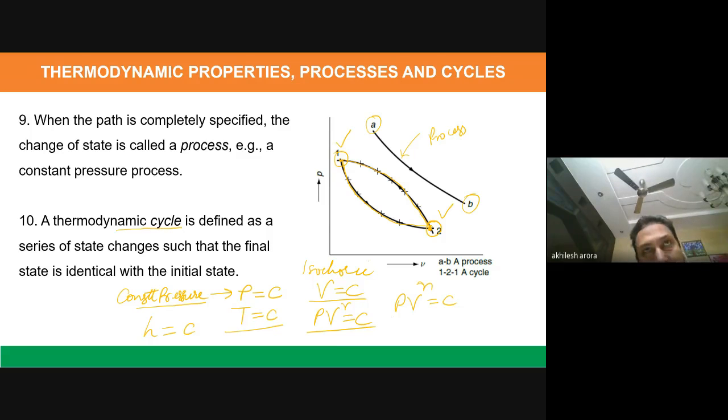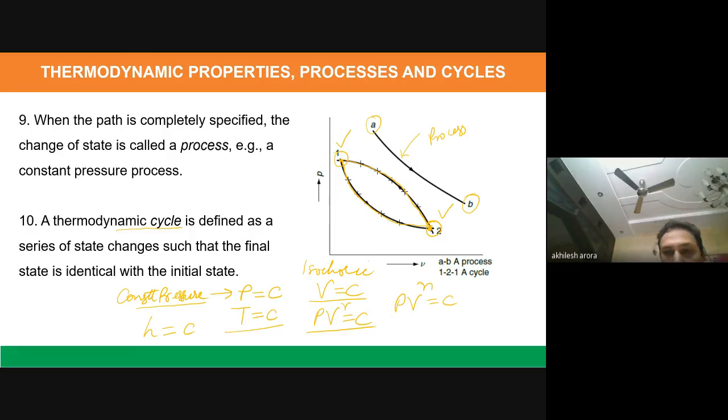In a thermodynamic cycle, it starts from a particular point 1 and goes to some other state, and from that state it comes back to the initial state. So in a cycle, it is always a closed diagram.